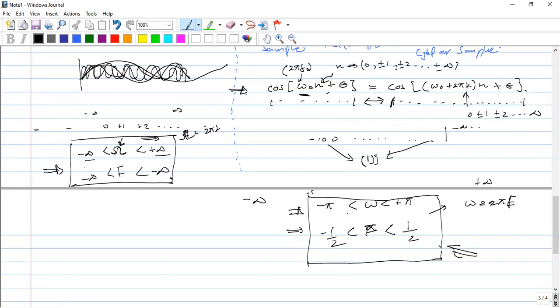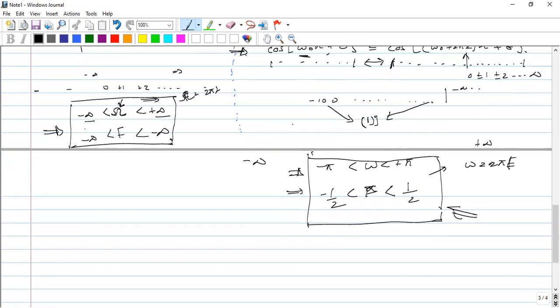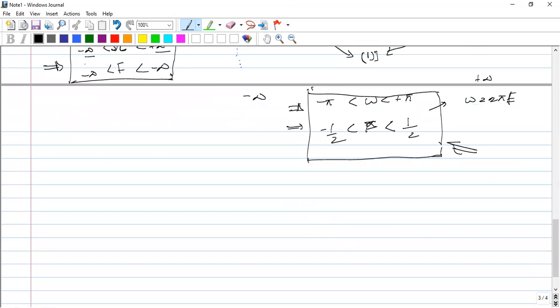But in the case of a discrete time signal, many higher and lower frequency signals can be mapped to one specified signal called omega naught. So we will take a Matlab example to get the idea more clearly.